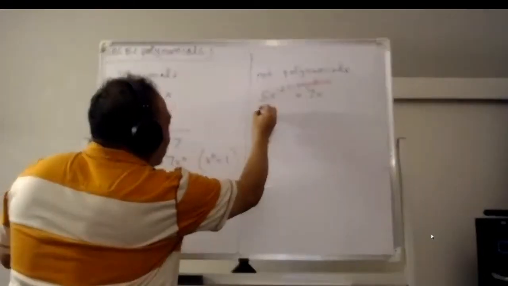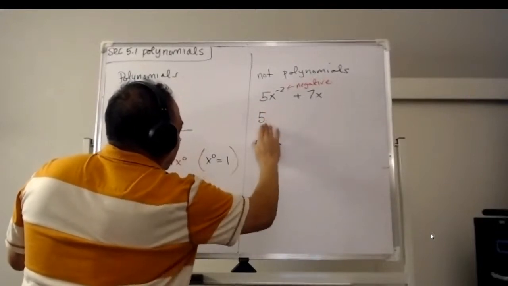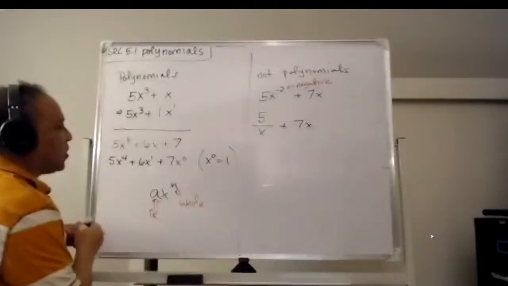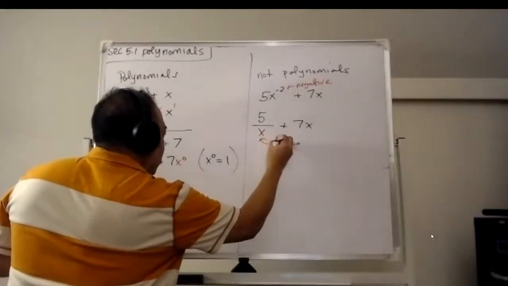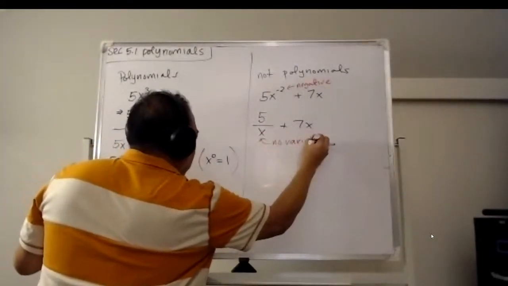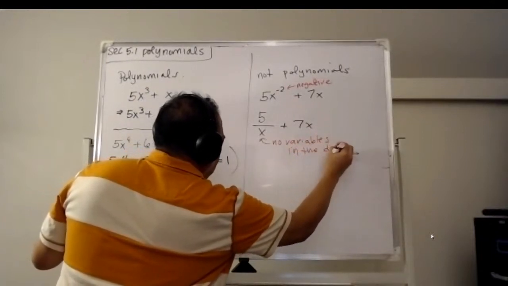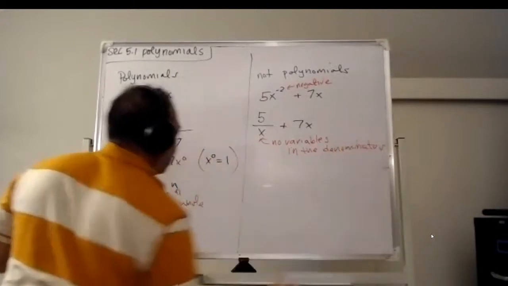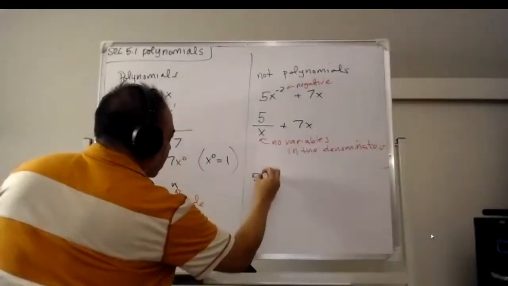All right. So then we'll go into something like this. This is not a polynomial because the x has to be in the numerator. And then something like this.